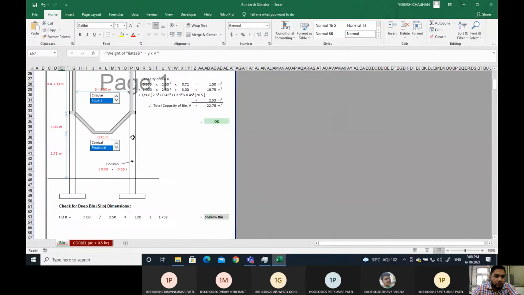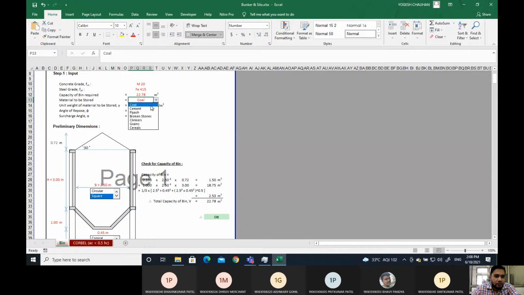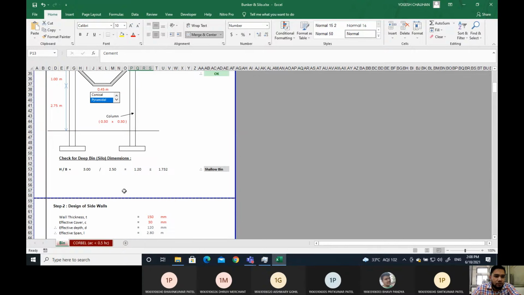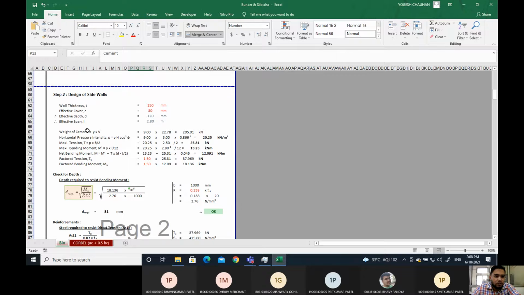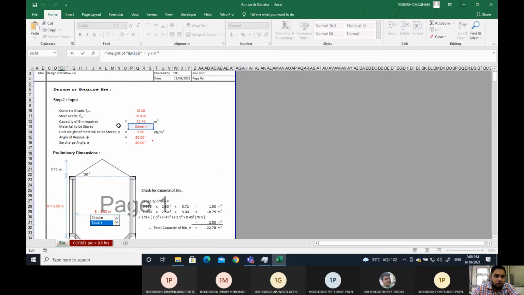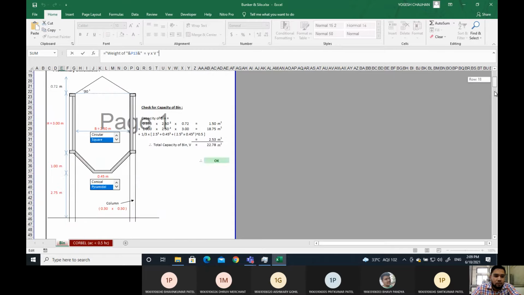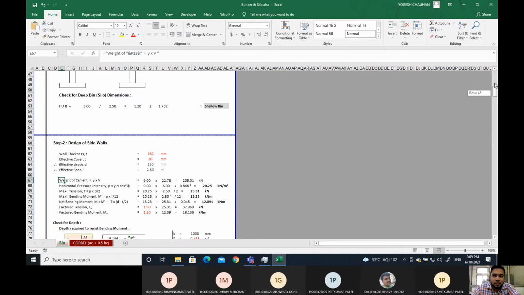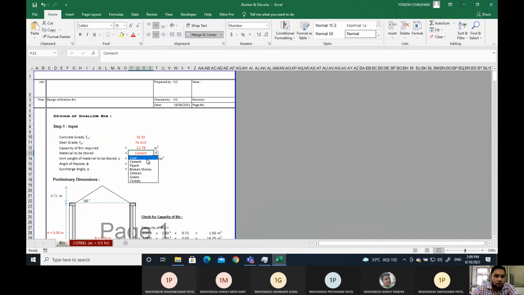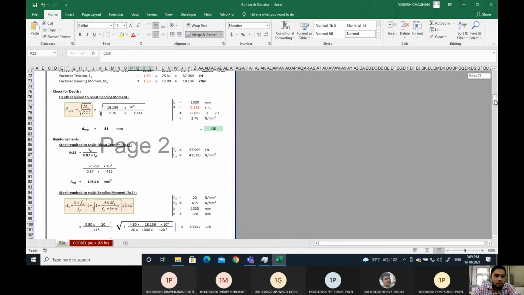So if you select the input material as, let us say, cement, then it will be reflected here as cement. Every time you need not change here because it is concatenated. The weight of, and then this P13 is the material which we are going to use. If we change here it will be reflected here. So material to be stored here I have set as cement, so it will be reflected here as cement. If I set that as coal, so it will be coal.